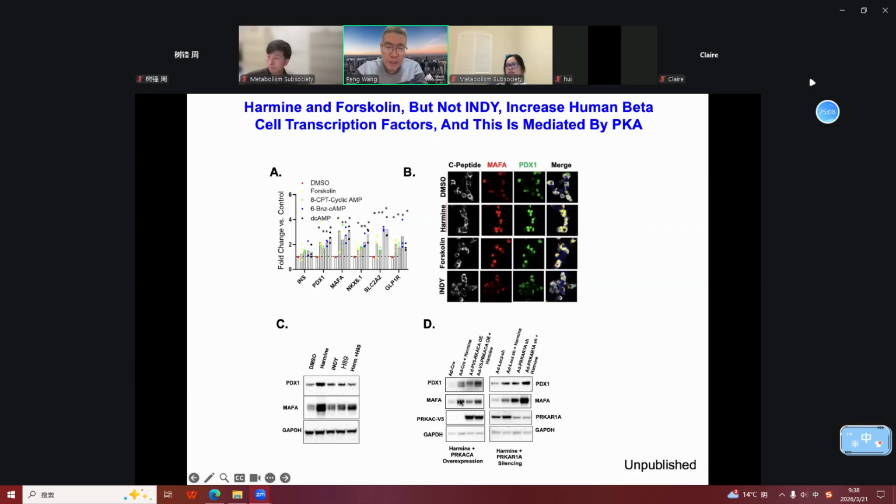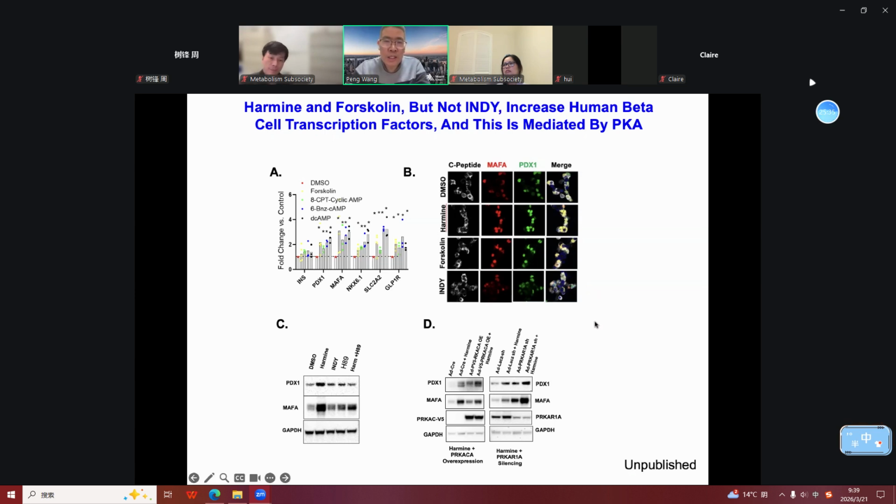It's comparable with harmine treatment alone, and with the combination, we can see even more of this induction. Also, we can clearly see that when we silence PRKAR1A, there's more PDX1 and more MAFA gene expression. With the combination, we can see even more induction of PDX1 and MAFA gene expression.